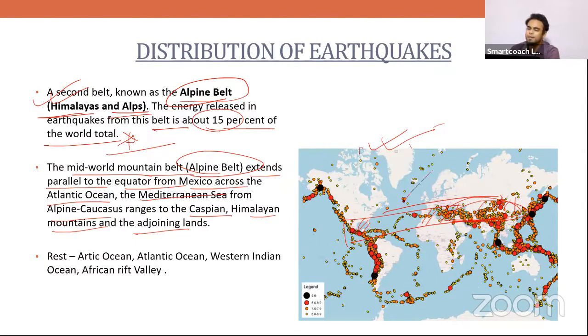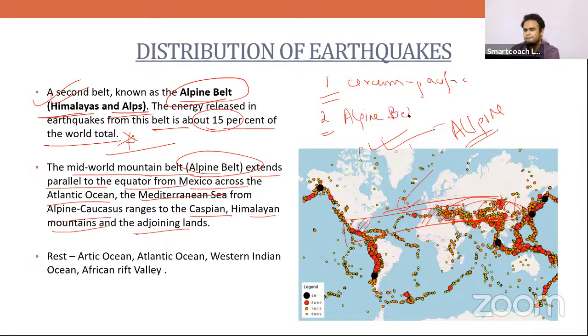Okay, so this belt is the alpine belt. So where it occurs: the major region number 1 is the circum-Pacific belt. Then your second region is the alpine belt. Fine. Then the rest, smaller amounts, occur along the Arctic Ocean, Atlantic Ocean, Western Indian Ocean, and the African Rift Valley.